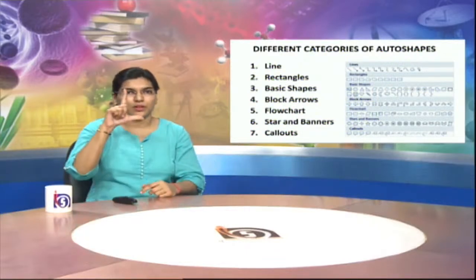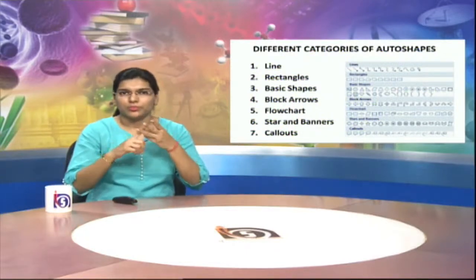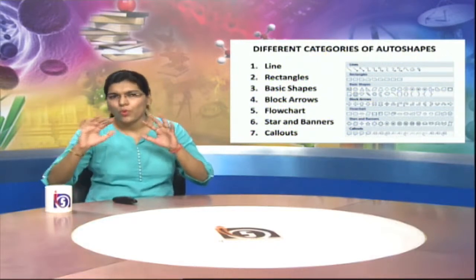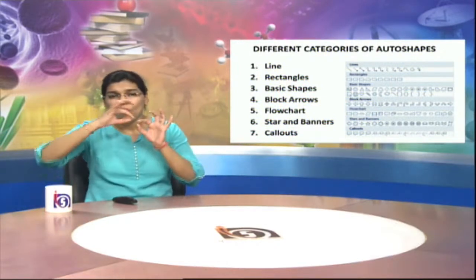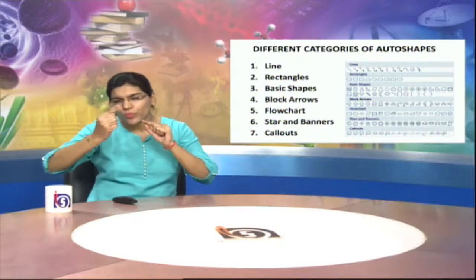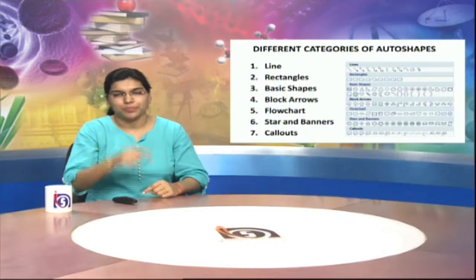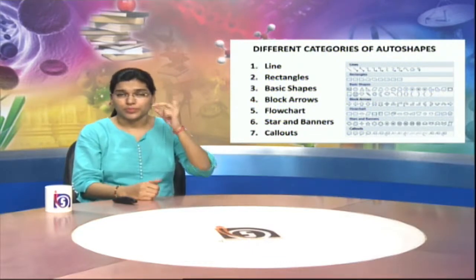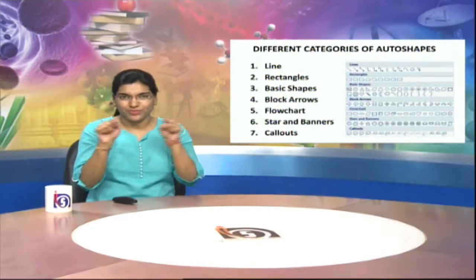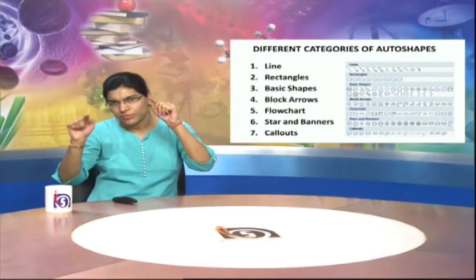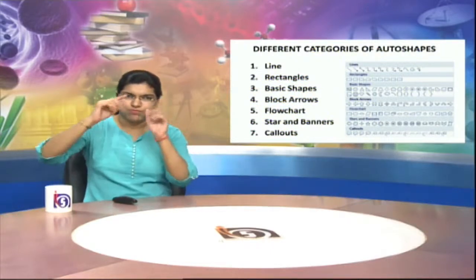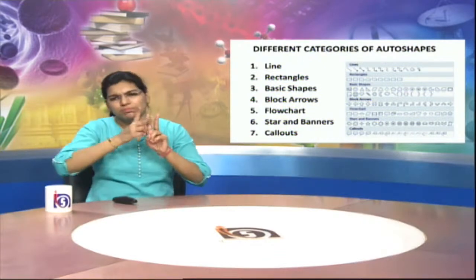The first one is of the line. Line has like one arrow, or it is just like what you call art line. It is not unidirectional. Then second word is rectangle. Rectangles are also of different kinds.